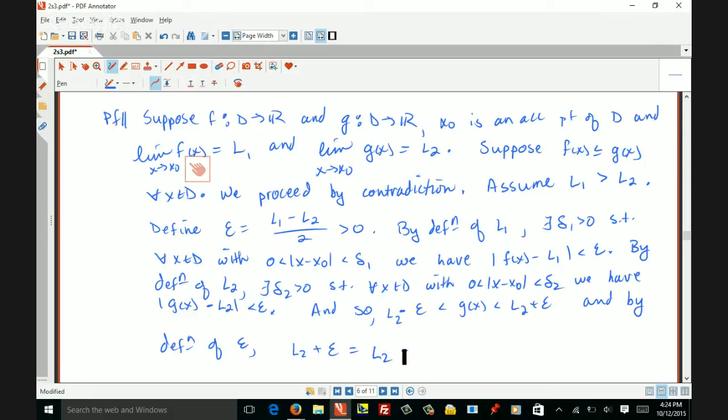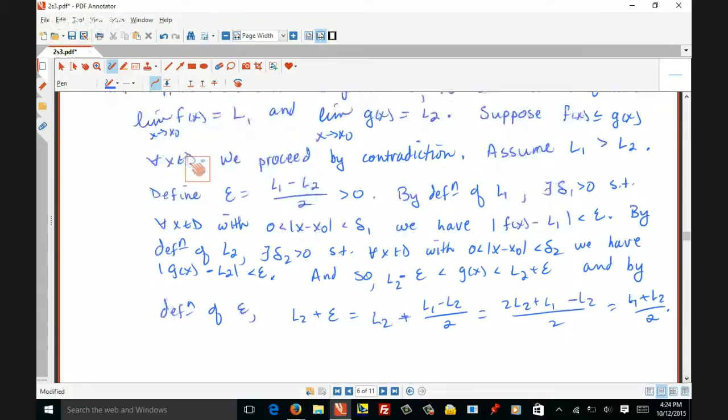That's equal to L2 plus L1 minus L2 over 2, which is L1 plus L2 over 2, which is actually the average, right? And so you have g of x is less than or equal to, in fact, it's strictly less than L1 plus L2 over 2.